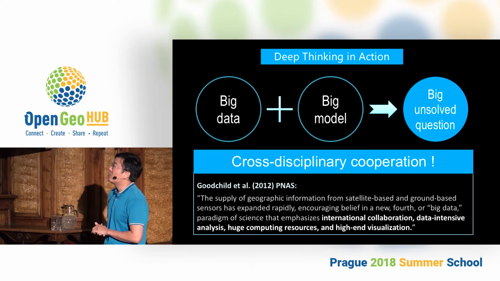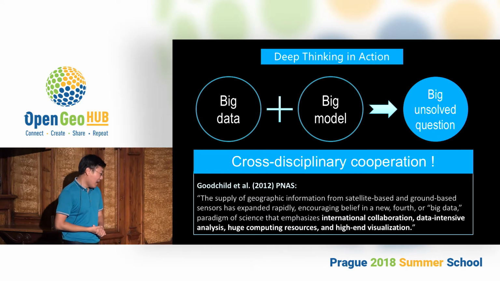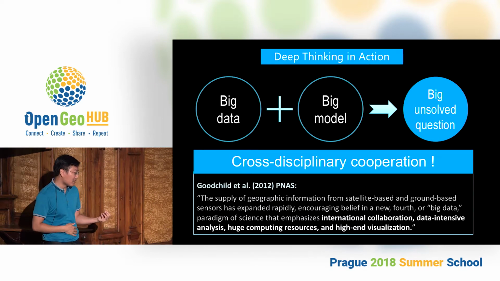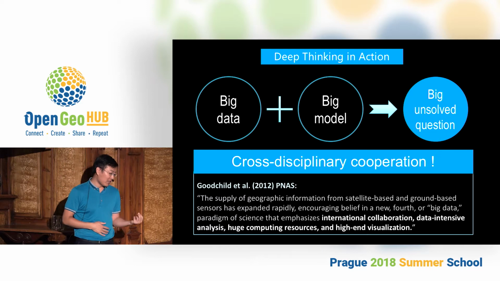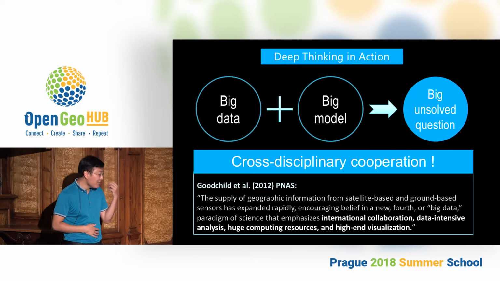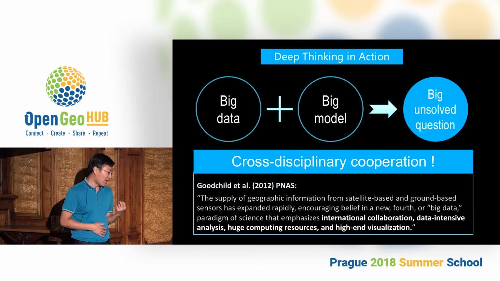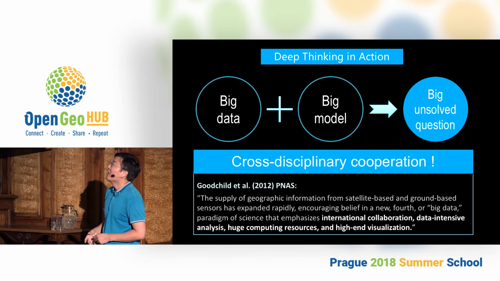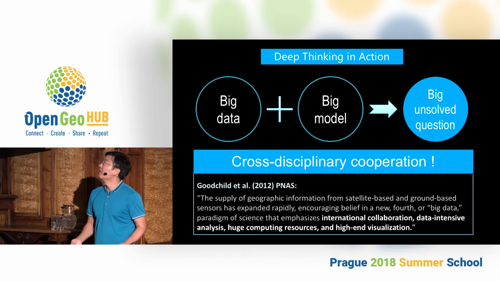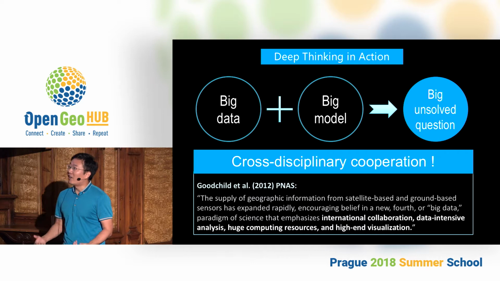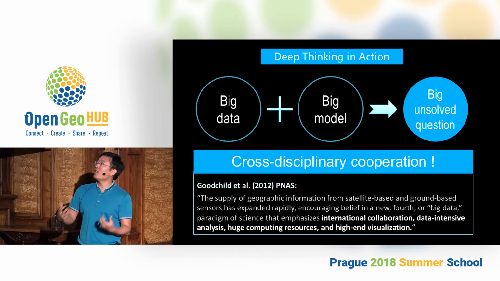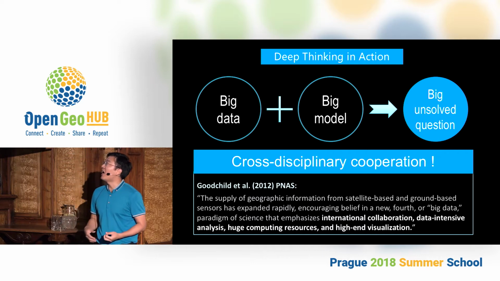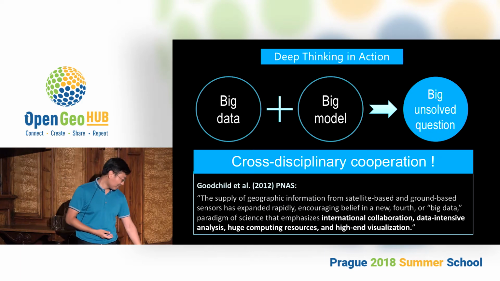Geographic information from satellite-based and ground-based sensors has brought a new force and big data into science, which emphasizes international collaborations, data-intensive analysis, huge computing resources, and high-end visualizations.